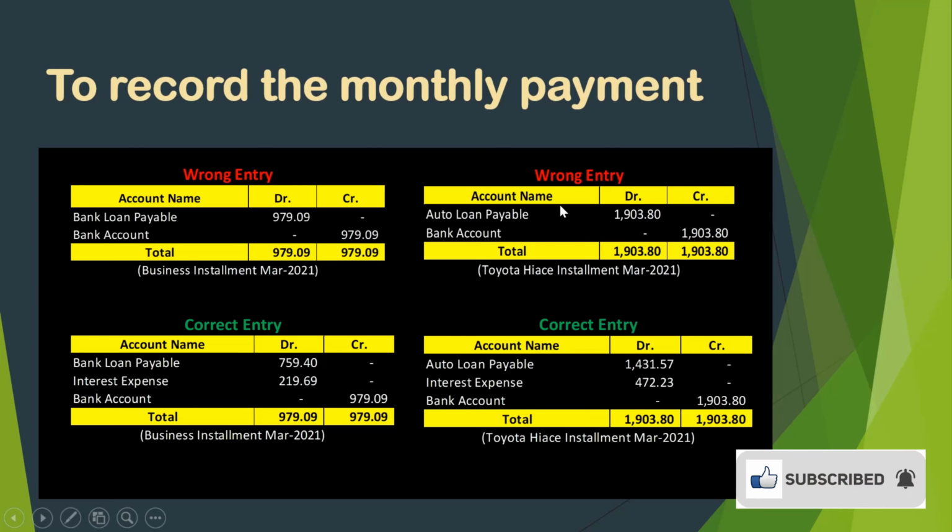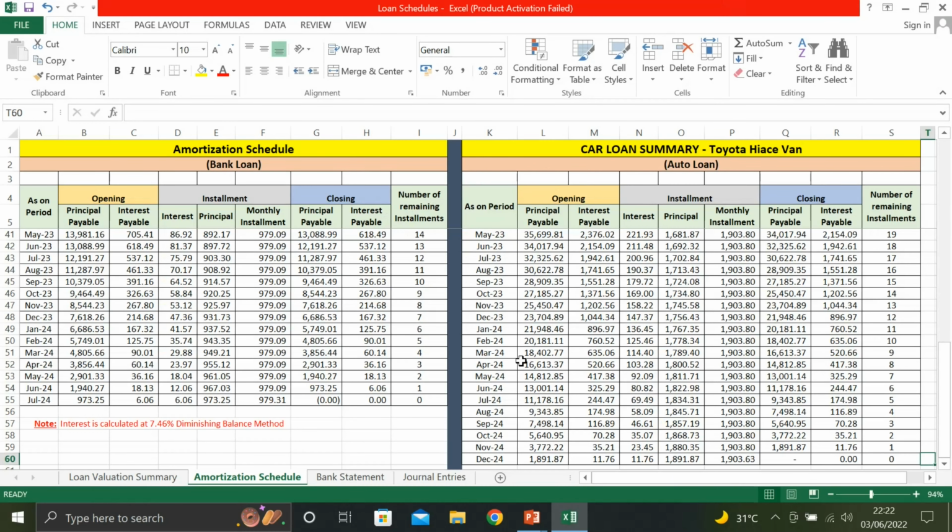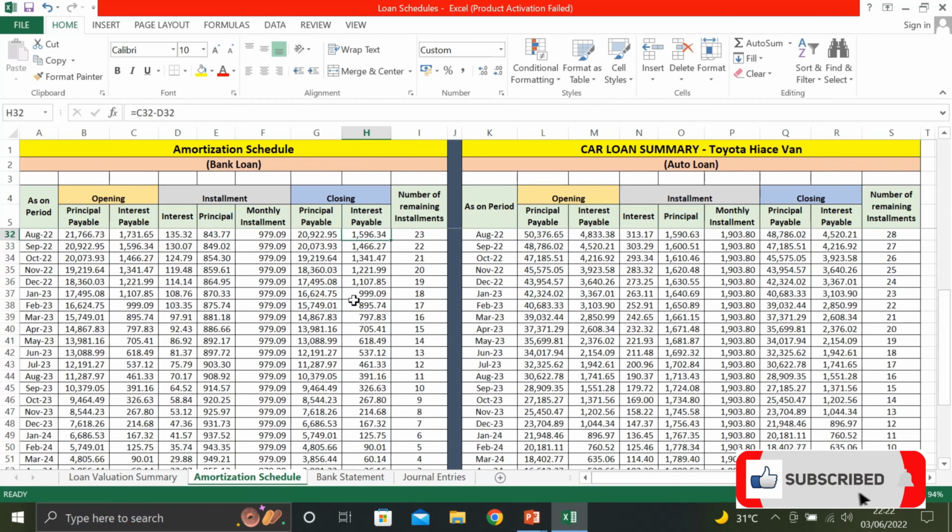Similarly for the auto loan also, the principal amount you are paying in this 1903.80 is 1431.57. So you will debit your loan account with this amount, not the total amount of the installment. And the interest expense in March 2021 is 472.23, as you can see, and you can match these figures in this loan schedule. Come to March 2021.